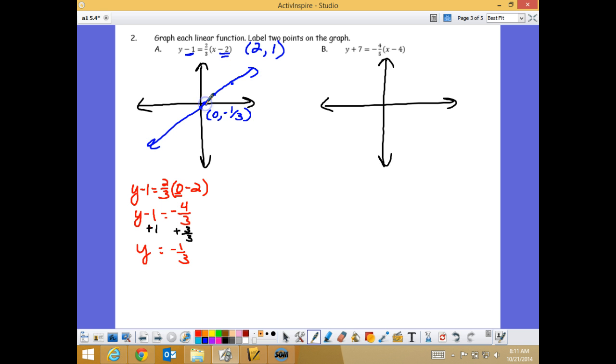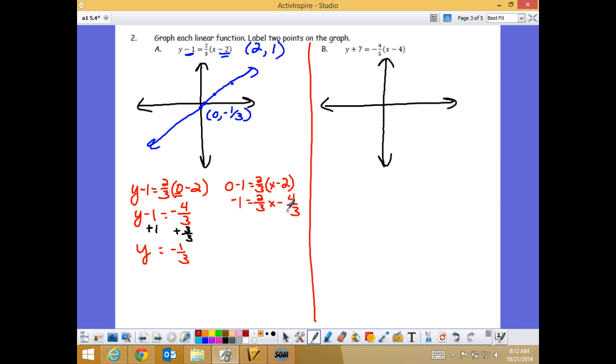And we've got one x-intercept there to find. That x-intercept is found by plugging 0 in for y. So plugging 0 in for y, we get 0 minus 1 equals 2/3 times (x minus 2). And we are going to solve this equation for x. Many of you might be distributing. If you want to do that, that's great: 2/3 x minus 4/3.